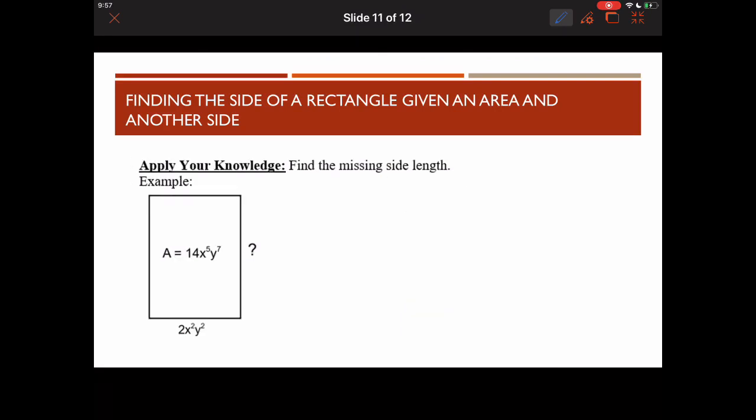Now we're going to use that same idea again to find missing side lengths, where now I have different variables. I have an area. Now I have a base. So let me take area equals base times height, and let me plug in what I know. So my area is 14 x to the 5th y to the 7th.